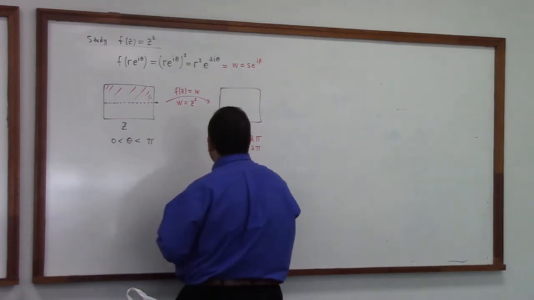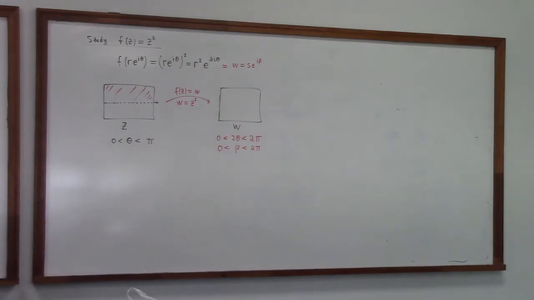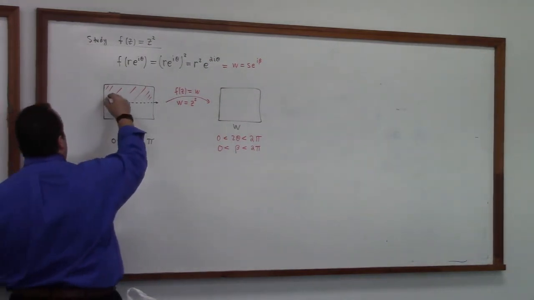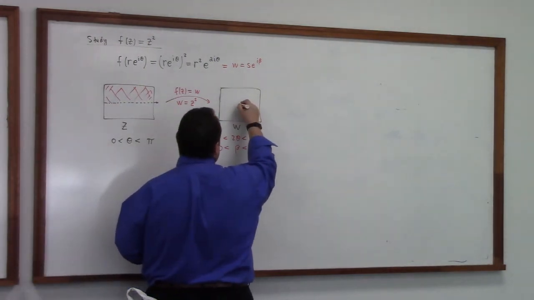In other words, the image of the square function takes angles in the w plane that go from 0 to 2 pi. We started with 0 to pi in the domain, but the range ends up going, see, where is it mapping?